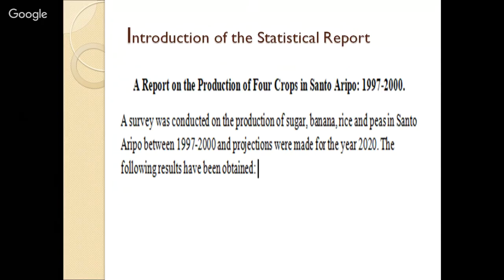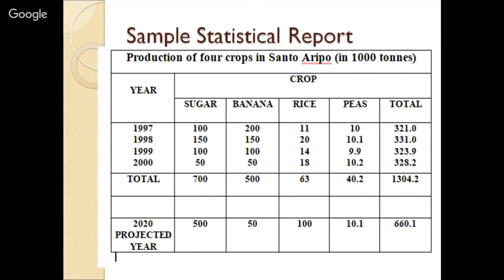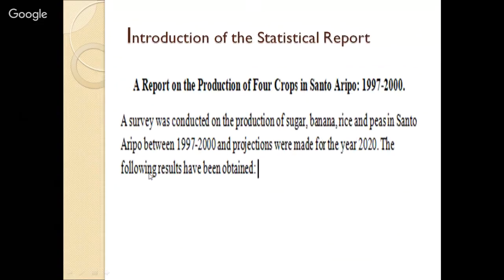Going back to the table, for your intro, the crops must be mentioned, and the years must be mentioned. That's it. The book is A Complete English Course for secondary school, not the comprehensive English course.